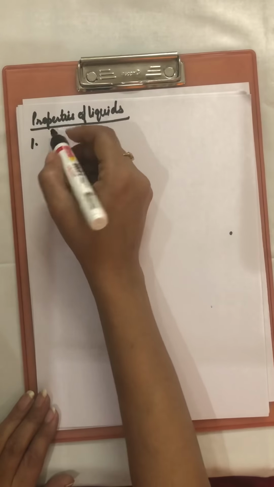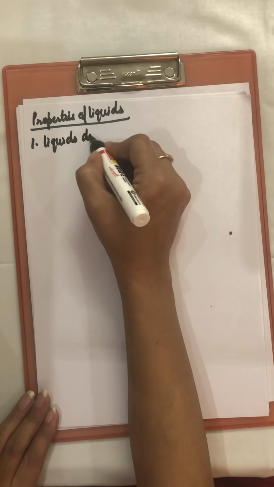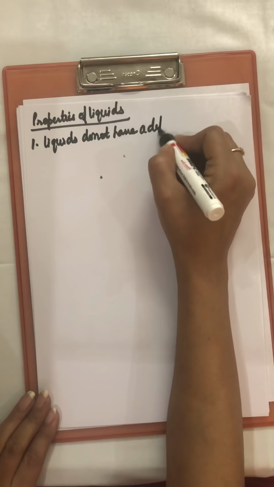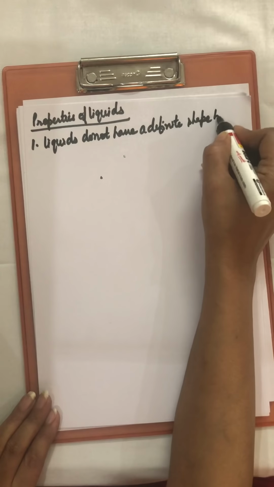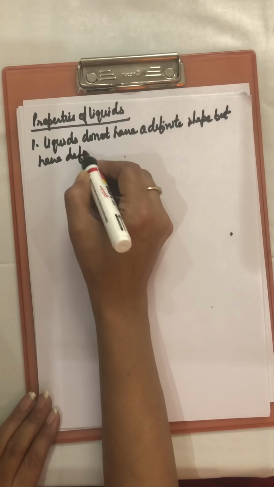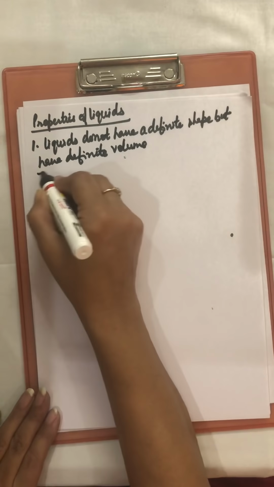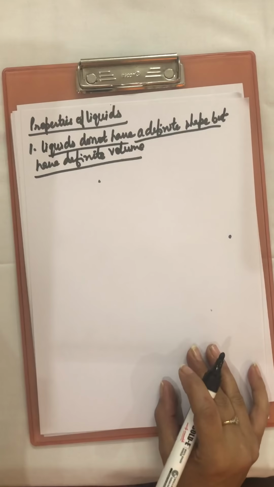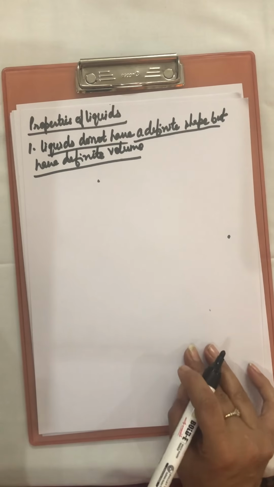First property, liquids do not have a definite shape but have definite volume. Solids have a definite shape. Liquids do not have a definite shape but have definite volume.